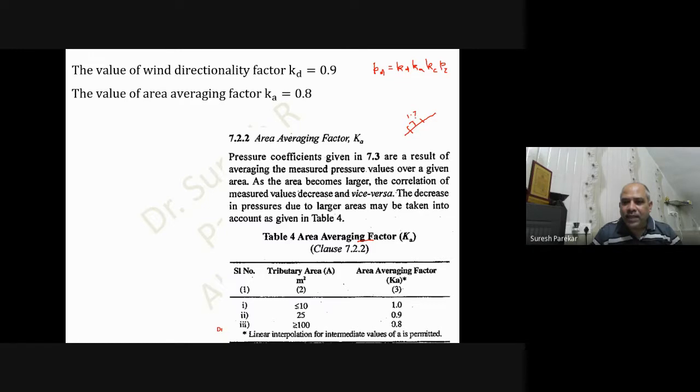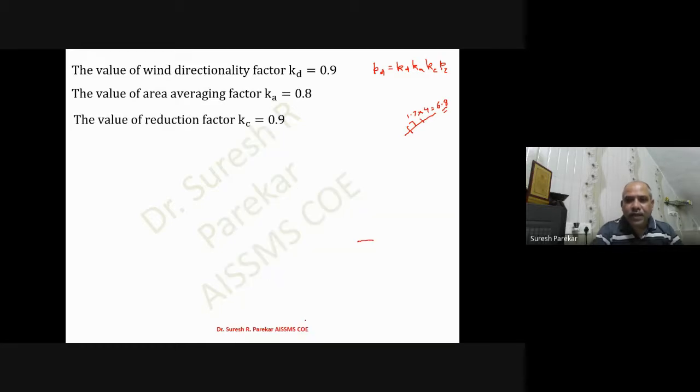So 1.7 into 4 gives 6.8, which is less than or equal to 10. So the value of Kc is 1, but I have taken it as 0.9. When you calculate it, you have to consider it as 1.